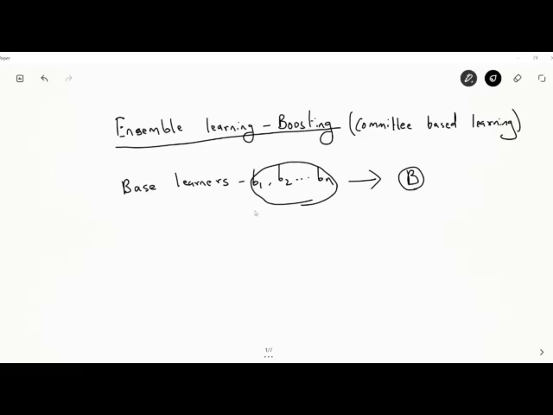These base learners can be decision trees, neural networks, or any other learning algorithm. If the ensemble uses a single base algorithm, it is known as a homogeneous ensemble, and if it uses multiple base learners, it is heterogeneous.